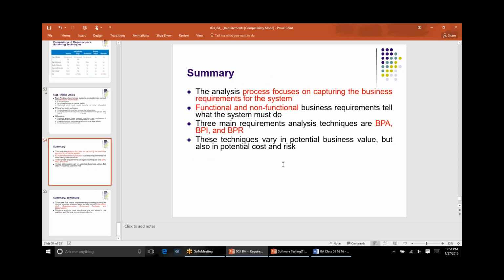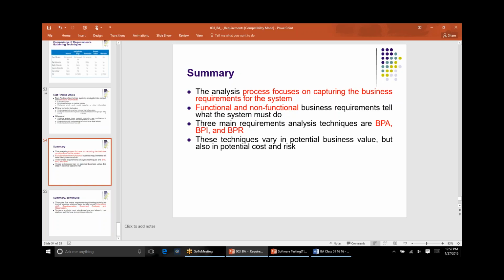Summary. The analysis process focuses on capturing the business requirements of the system. We collect business requirements. That is the key, the core, the primary element.